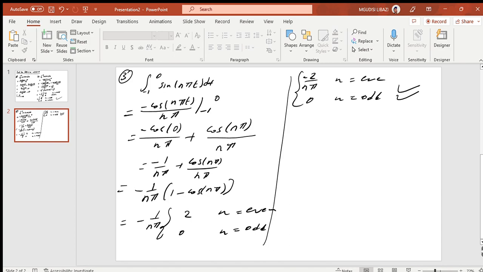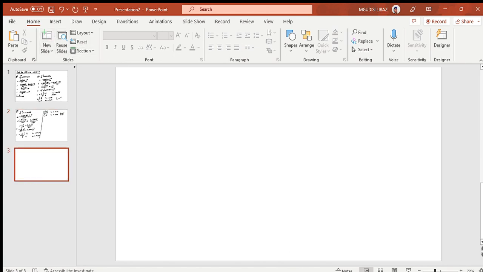So the next problem that we have, number 4, is the integral from 0 to pi over 2 of cosine of nx dx. After that we integrate.